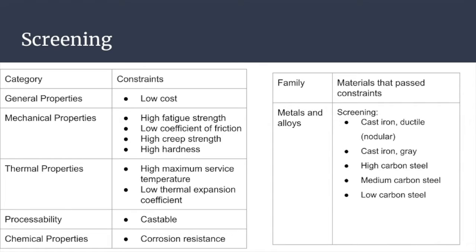From the screening, the materials chosen were cast iron ductile nodular, cast iron gray, high carbon steel, medium carbon steel, and low carbon steel. Metals were chosen over ceramics because they were cheaper and also had a higher Young's modulus and a higher fatigue cycle.